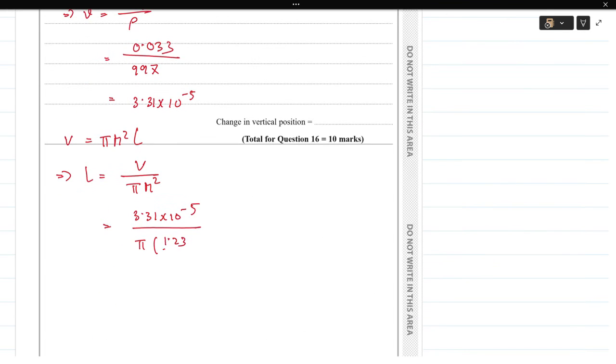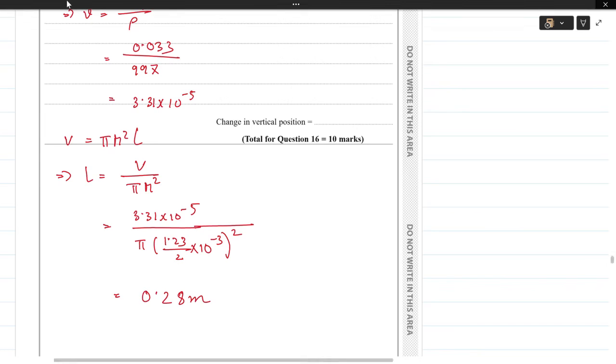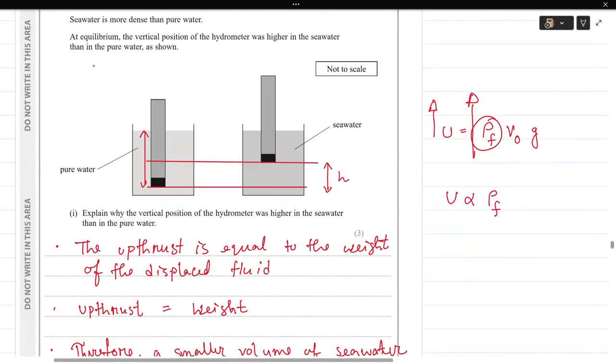So 1.23 divided by 2 times 10 to the power minus 3 to convert it to meters, whole squared. This will give us 0.28 meters. So this is the depth of the hydrometer in pure water.